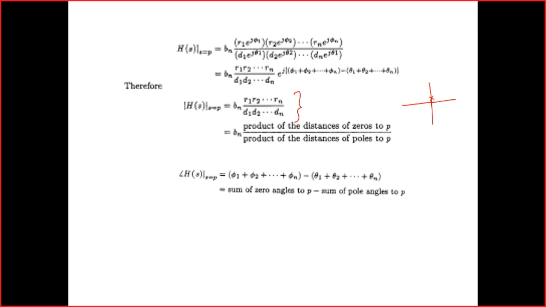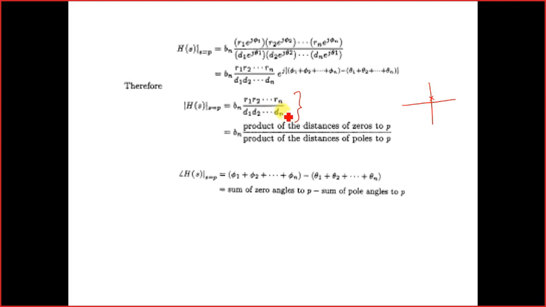Okay. So when we come to this frequency point where the pole has been placed, what will happen? The distance of the pole to that particular frequency would become 0.